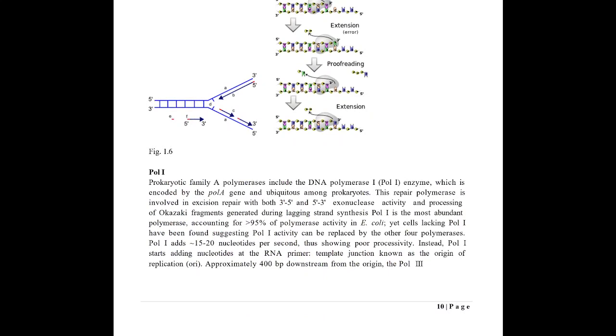Now, Pol1, or DNA polymerase 1, is encoded by the POLA gene and is ubiquitous among the prokaryotes. Pol1 activity can be replaced by four other polymerases as well. So there are different polymerases which can take up the activity of Pol1.